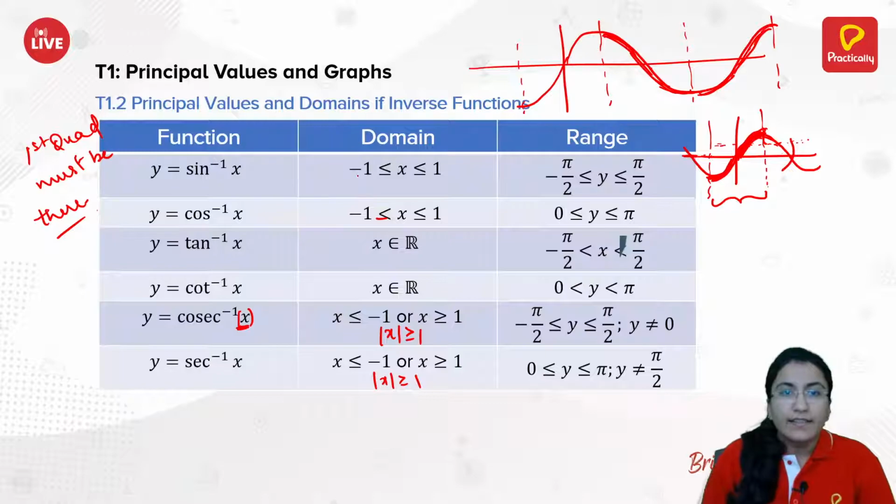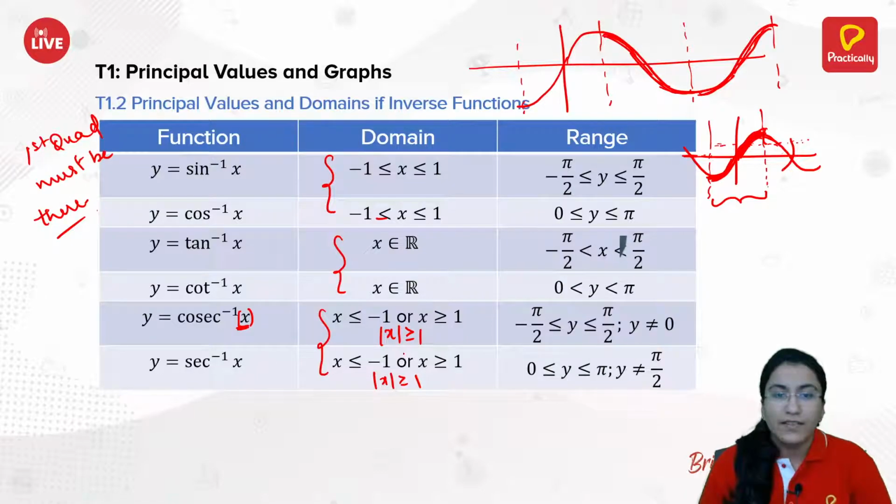You can see the domain of these two are the same, and the domain of these two are also the same, right? So cosecant inverse x has its domain as absolute value of x greater than or equal to 1, and its range is from -π/2 to +π/2, where y can't be equal to 0. Right, and for secant inverse x, you have your range from 0 to π, and y is not equal to π/2.